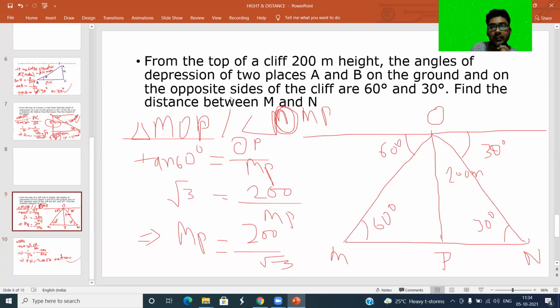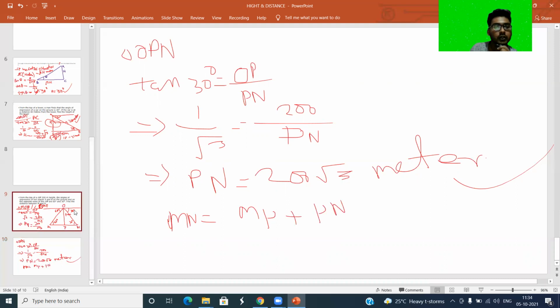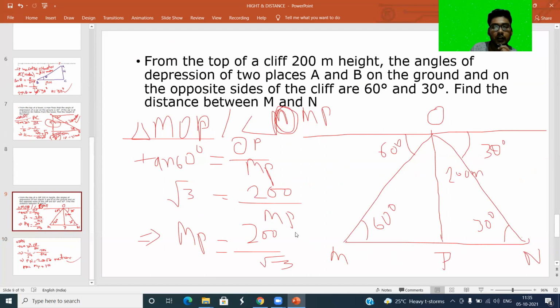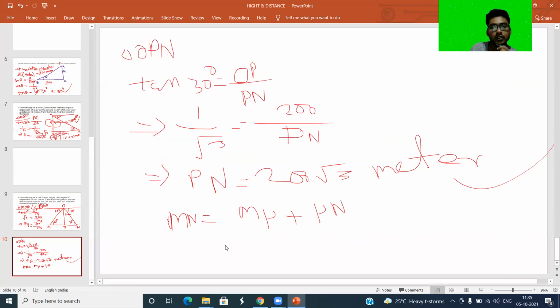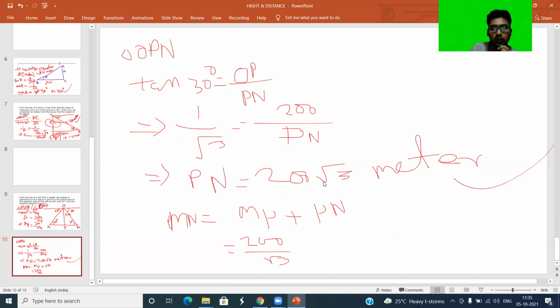Then we need to find the distance between MN. MN is equal to MP plus PN. What is the value of MP? 200 by √3. What is the value of PN? Plus 200√3.